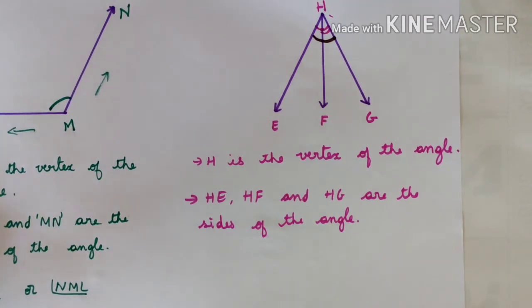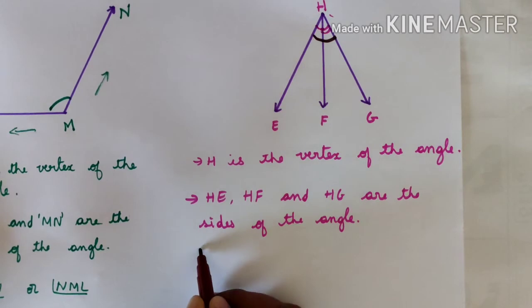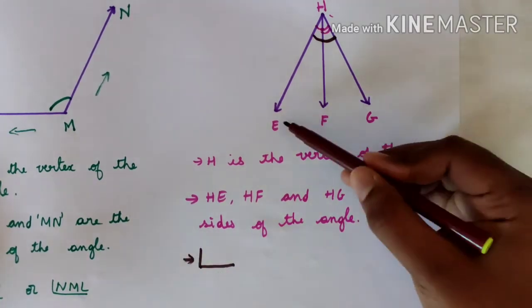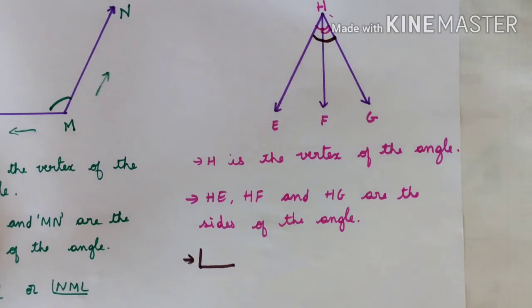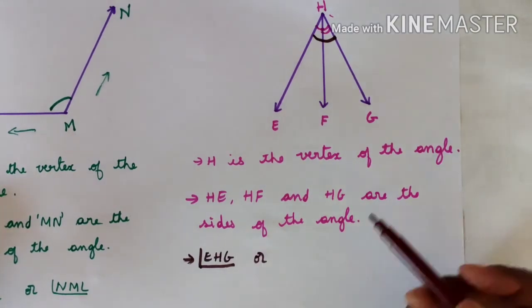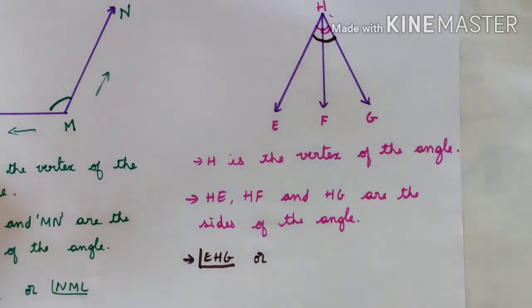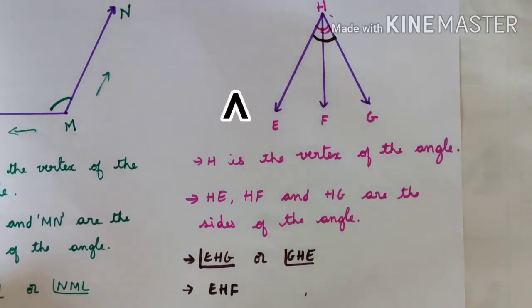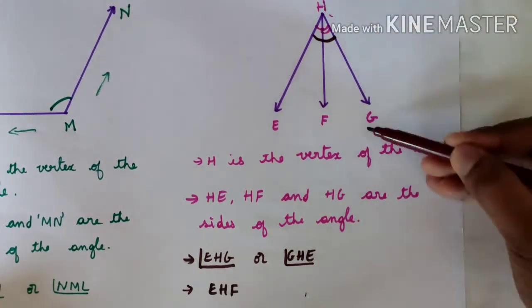The biggest angle formed we will write using this symbol. So the biggest angle formed is angle EHG, or it can also be written as angle GHE. And the two small angles, we are going to denote them using the other symbol. So the smaller angles are angle EHF and angle FHG.